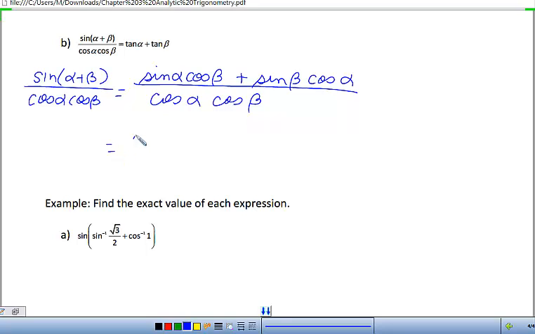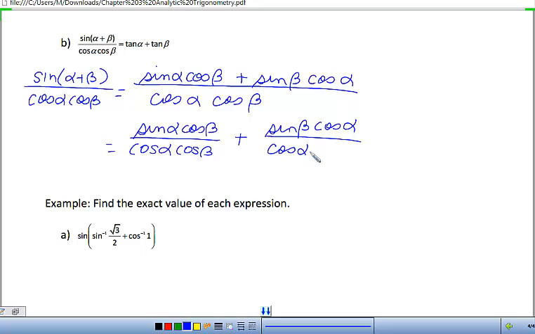So we get sine alpha cosine beta over cosine alpha cosine beta plus sine beta cosine alpha over cosine alpha cosine beta. Okay, again, I'm using a distribution property. If we have A plus B over C, that's equal to A over C plus B over C. Okay, and so cosine betas, they cancel out.